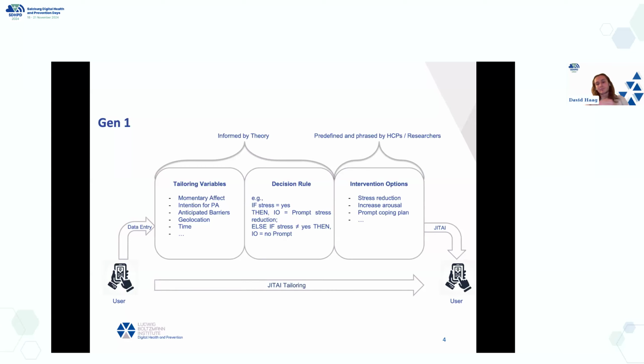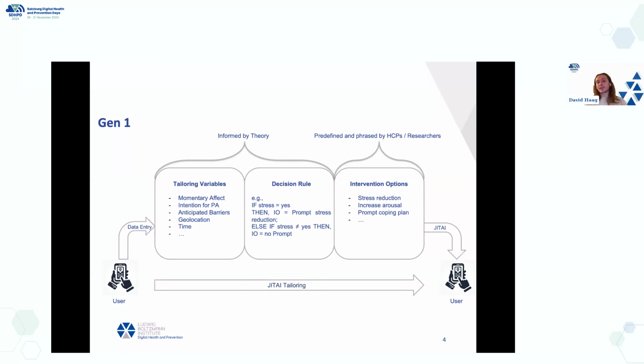That has some problems because you can only be adaptive to some degree, because you can at the most choose the best fitting option out of the list of intervention options. And it also brings some problems with the tailoring variables, because they always have to be in a very specific format for the decision rule to work.